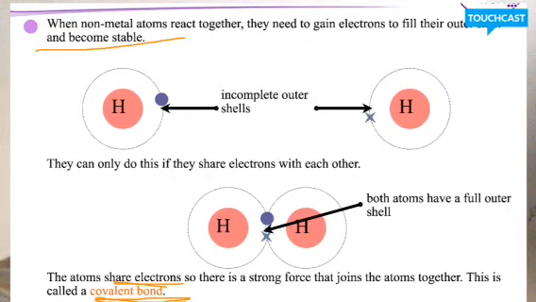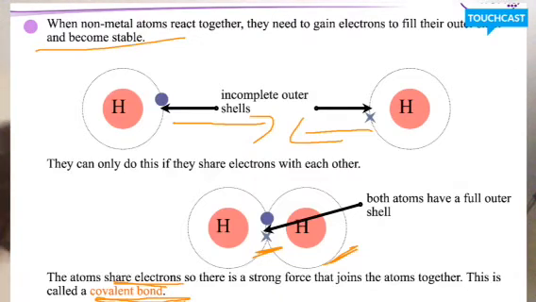So this hydrogen will go and share its only electron with another hydrogen to make their outer shell happy. Here, this hydrogen now has 2 electrons, and this hydrogen has 2 electrons.